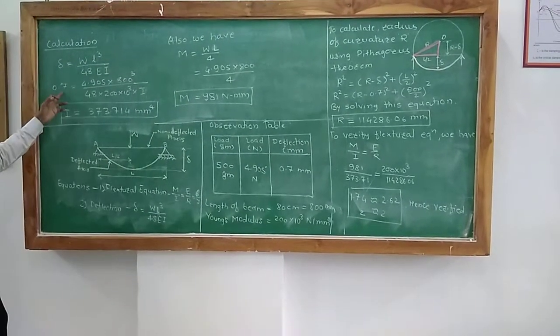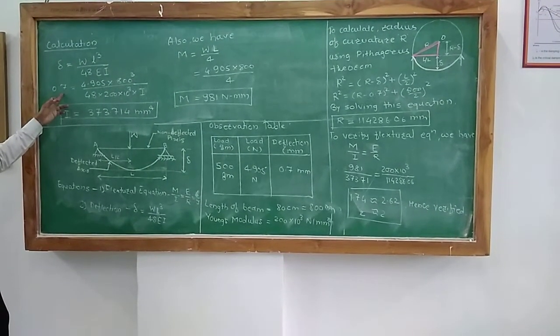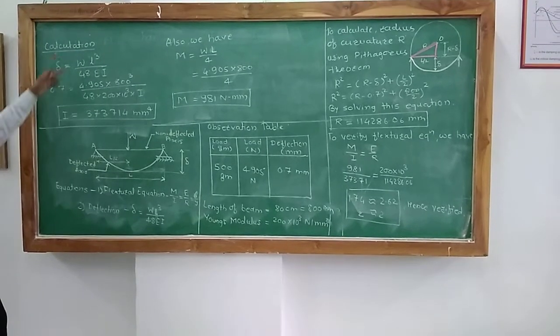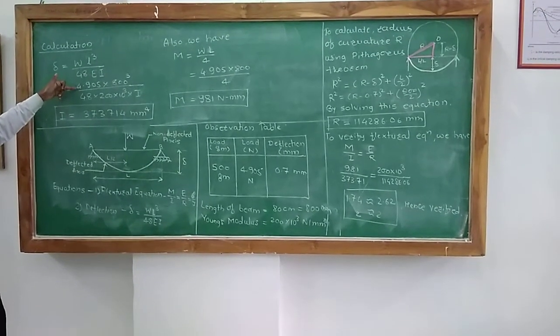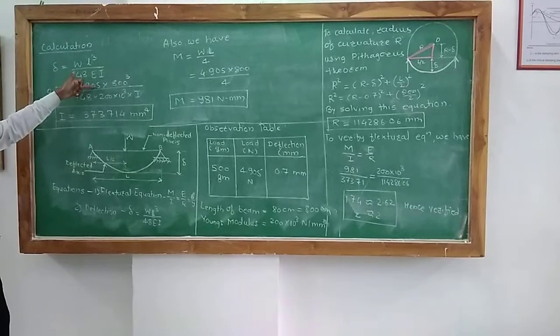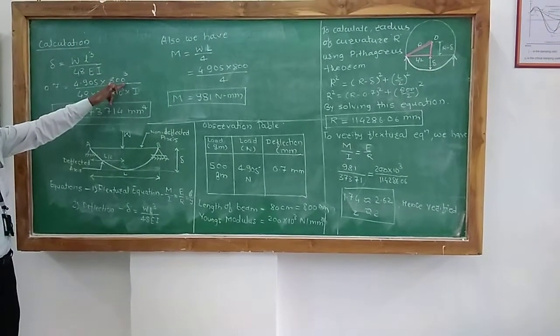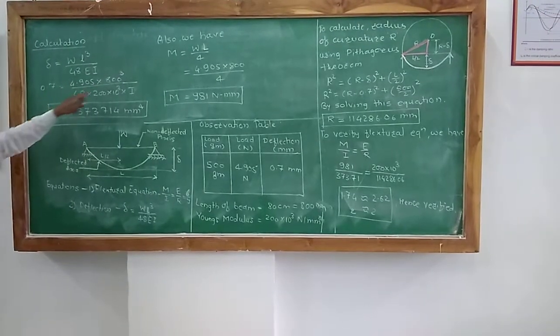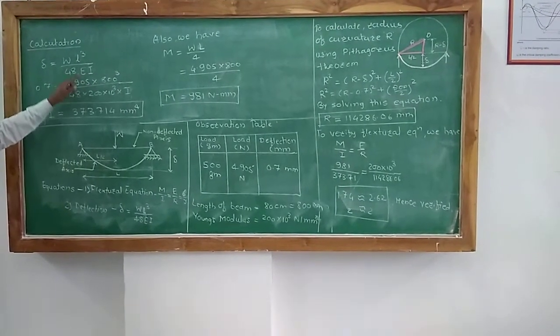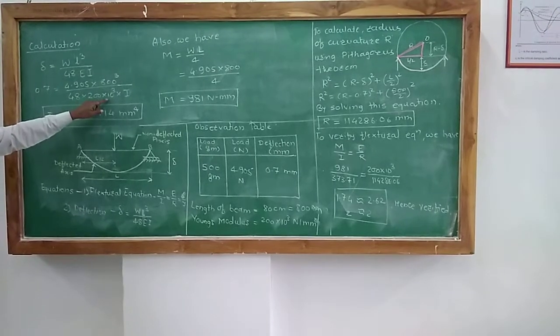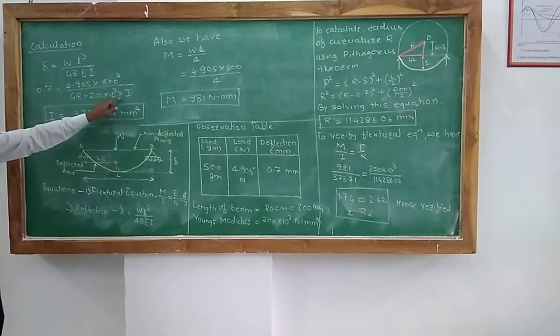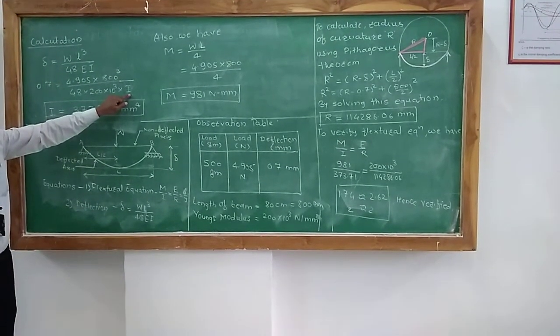So we are taking it as 0.7 millimeter over here on the left hand side of the equation, and the value for W in Newton is 4.905 multiplied by length cubed, that is 800 millimeter cubed, divided by 48 into Young's modulus for the steel material, taken as 200 into 10 to the power of 3, and I, which we are going to calculate from here.